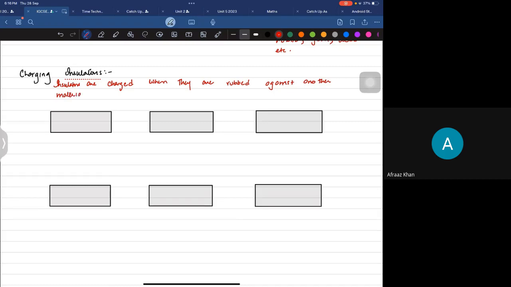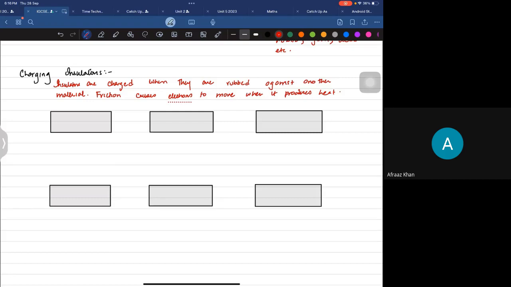All right. So friction causes electrons to move when it produces heat, because you know that friction produces heat. So when heat is produced, electrons move like that, right?